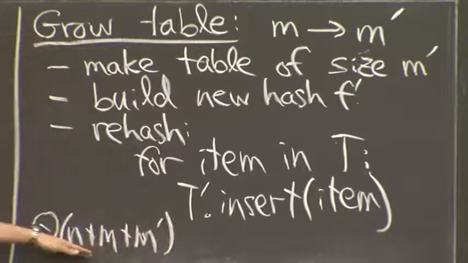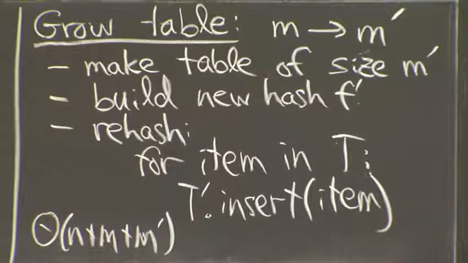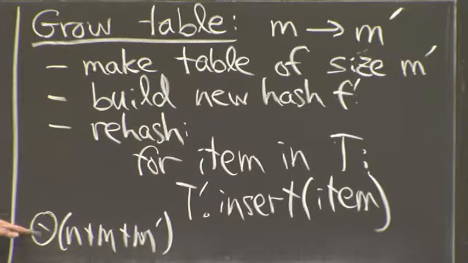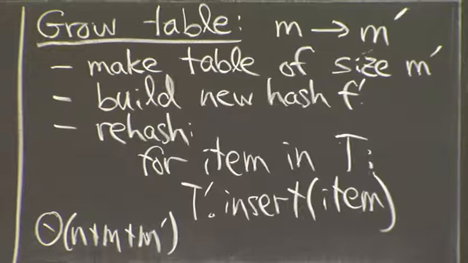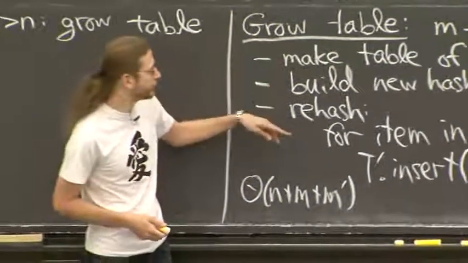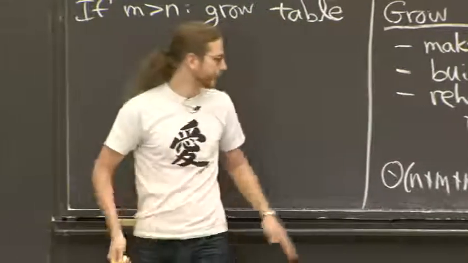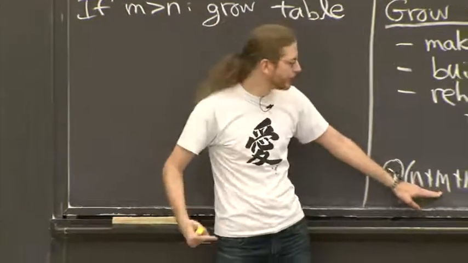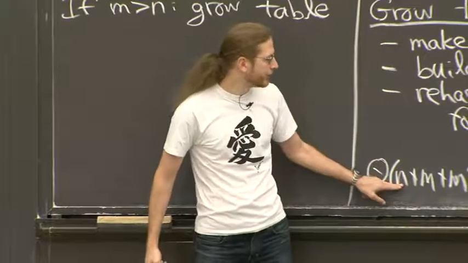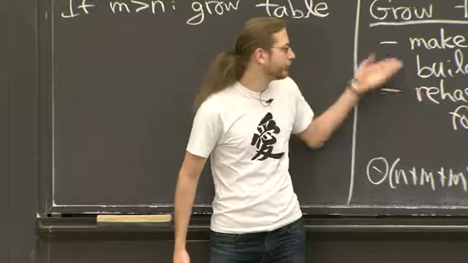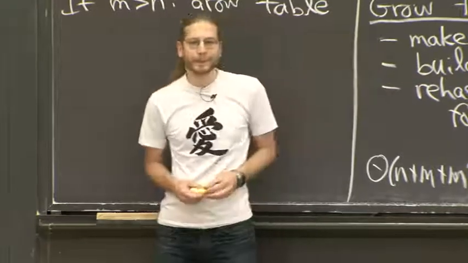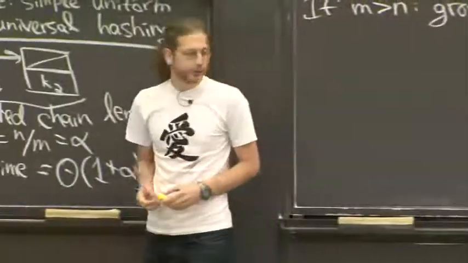But you're right. Most of the time, in the situation we're going to construct, this will be theta n. But in general, there's this issue that, for example, to iterate over every item in the table, you have to look at every slot. And so you have to pay order m just to visit every slot, order n to visit all those lists, m prime just to build the new table of size m prime, initialize it all to nil. Good.